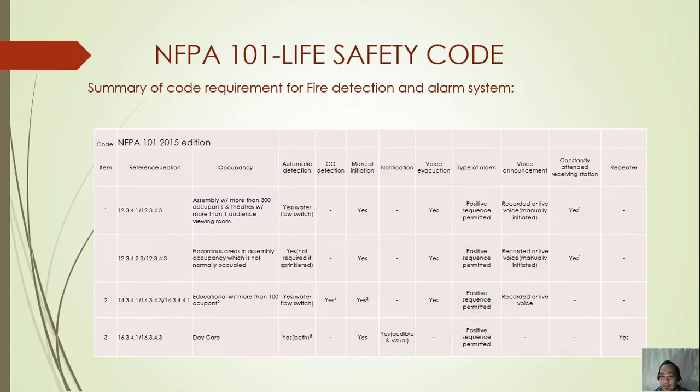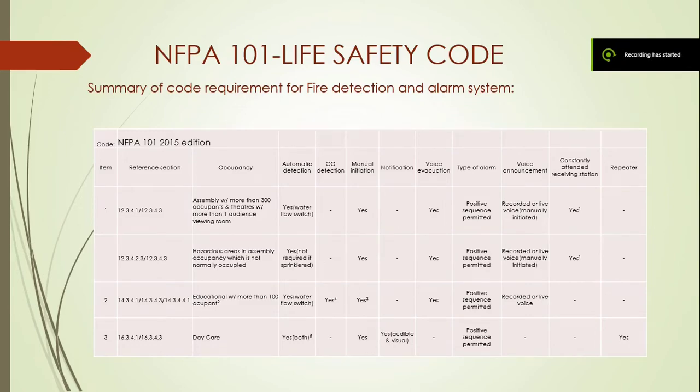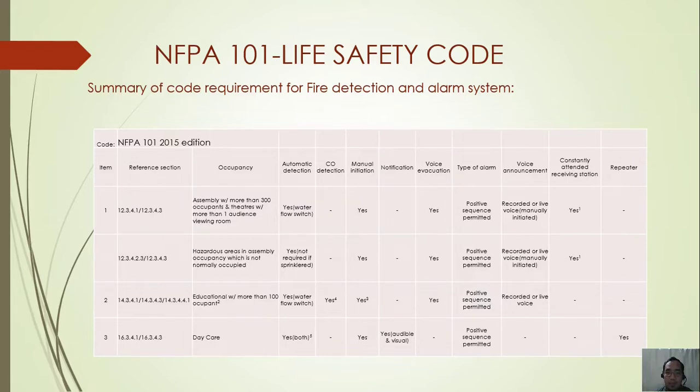Type of alarm, positive sequence permitted. What is a positive alarm sequence? Positive alarm sequence is there will be a delay of 15 seconds before an alarm notification will be given to the building.